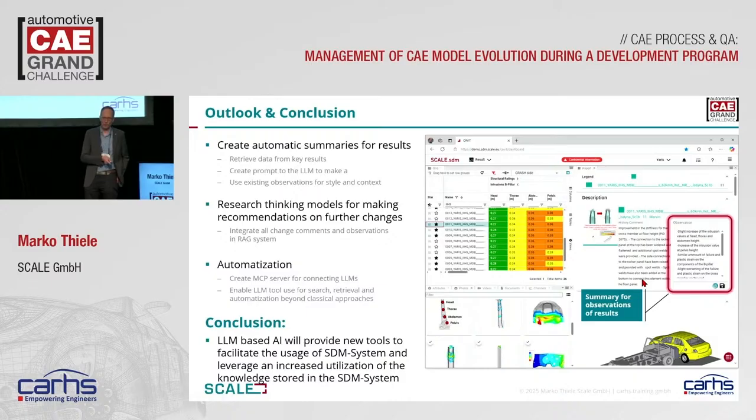What we're also going to research into, maybe a little bit later, is how we can use thinking models like the DeepSeek R1 or the O3 Mini. These are thinking models which have a chain of thought, and how we can use this model in the case that we give them more context.